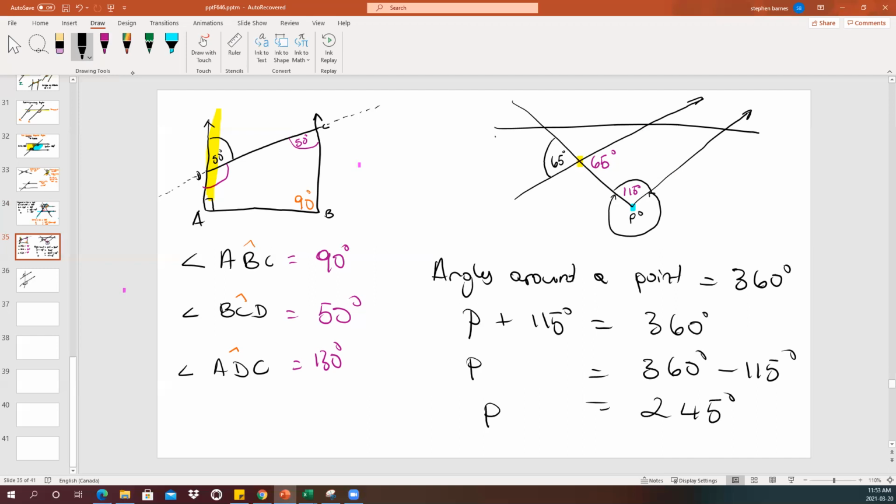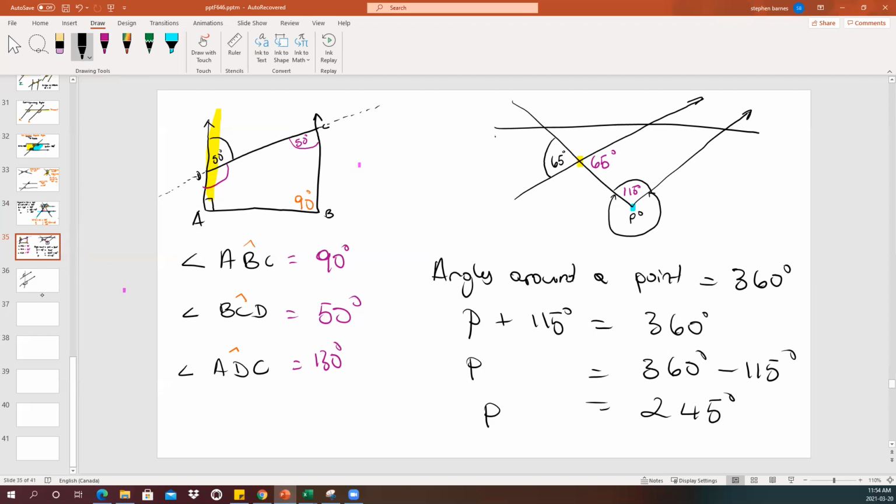All right, so that's for angles alone. So we're going to now move on to properties of angles in polygons. So that's what we're going to be doing next.